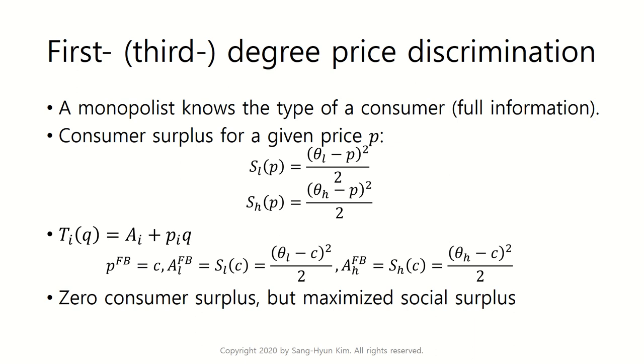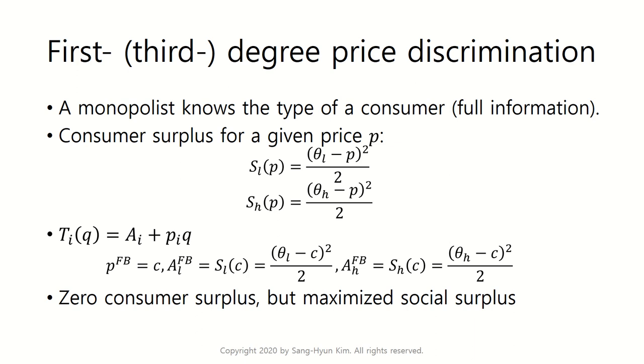And in this price discrimination, the first degree price discrimination, the consumer surplus is 0. I must apologize for using this term in a bit confusing way. Here, the consumer surplus is exactly the consumer's utility by participating in this deal.